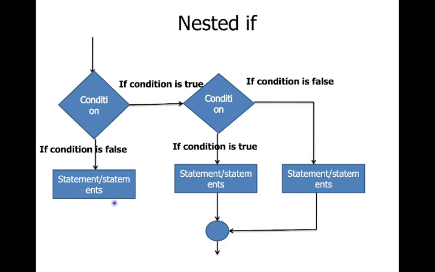We can make a diamond here also, and finally you can return to the program. We cannot say this flowchart is a general diagram, because we can include any number of conditions, any number of nesting is possible. You can include another condition here, or a condition here. Anything can be included. Then it is known as a nested if statement.